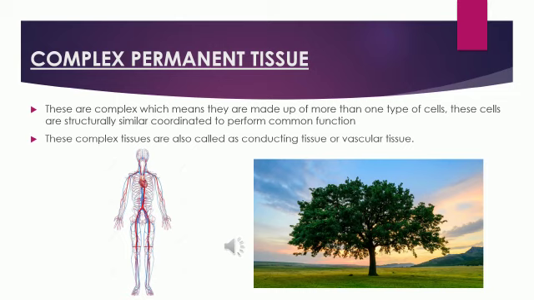This circulatory system transfers all the food and water throughout the body through blood, isn't it? Same way, there is a conducting tissue in plants. These complex tissues are also called conducting tissue or vascular tissue. Let us study in brief about complex permanent tissue.